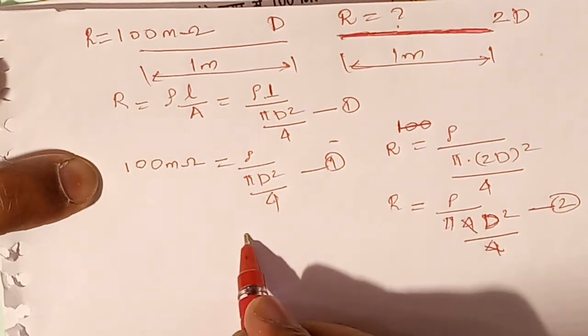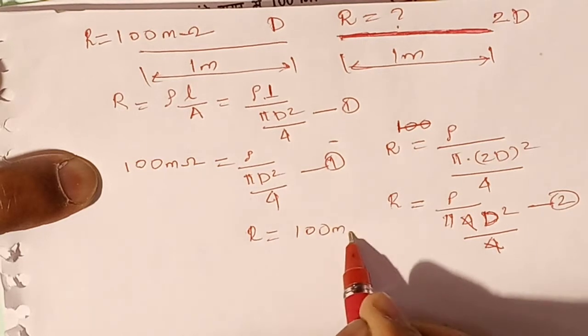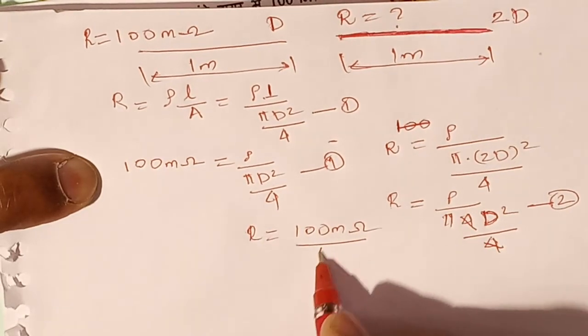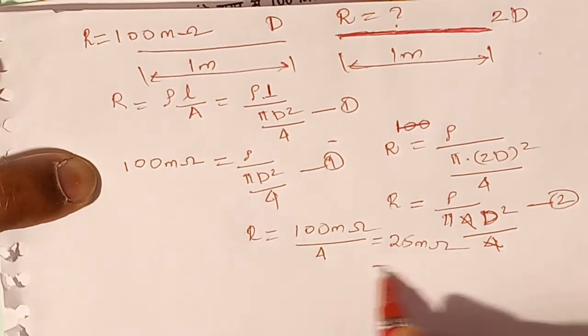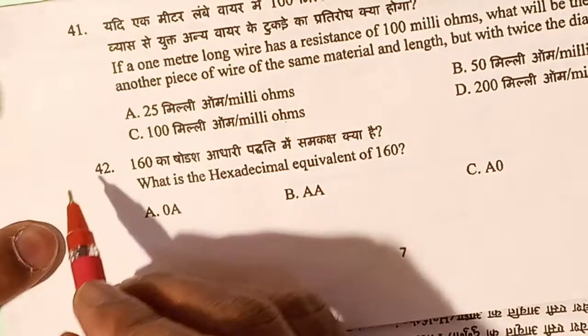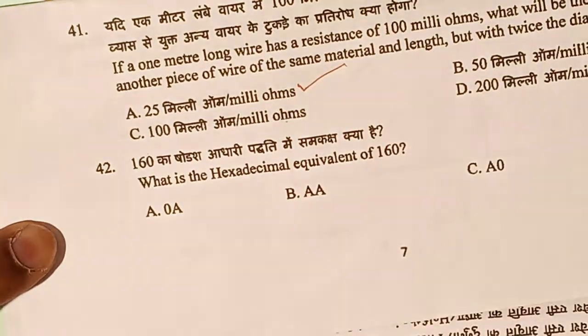That means our resistance will be R equal to 100 milliohm divided by 4, since the denominator has increased 4 times. So it will be 25 milliohm. So option A, 25 milliohm, is the answer.